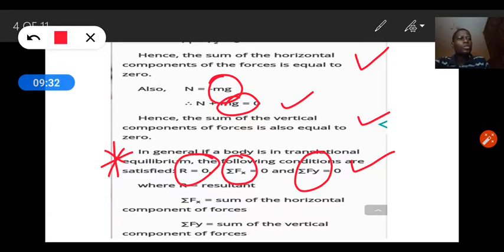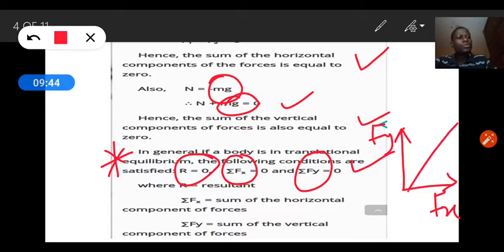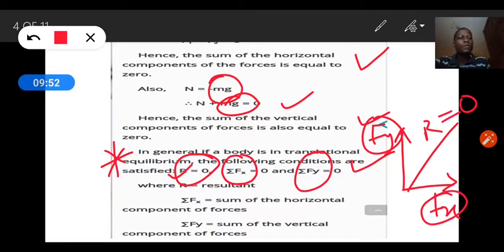Of course, remember you were taught, when you have force y and force x, we did this under resolution of forces, and you have a resultant. If this is 0 and this is 0, what will be your resultant? It will also be equal to 0, and that's why we have this here. Our resultant is equal to 0 for an object in equilibrium.